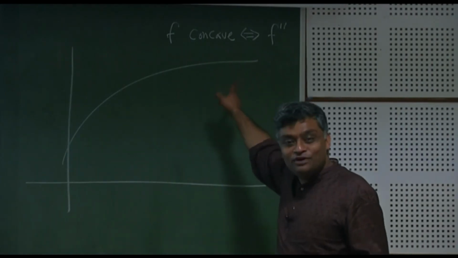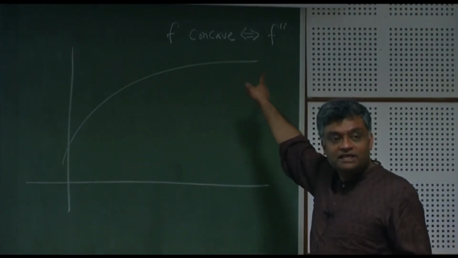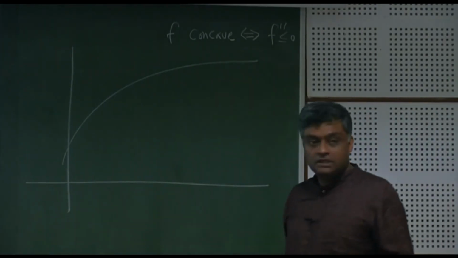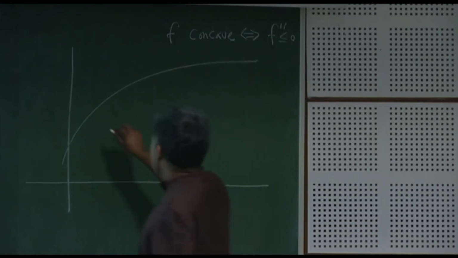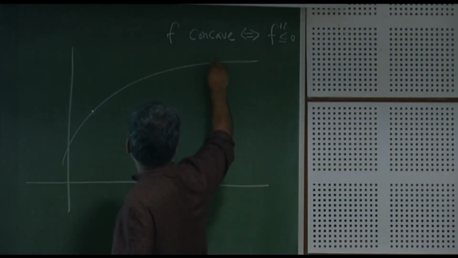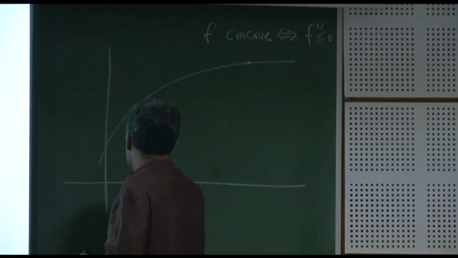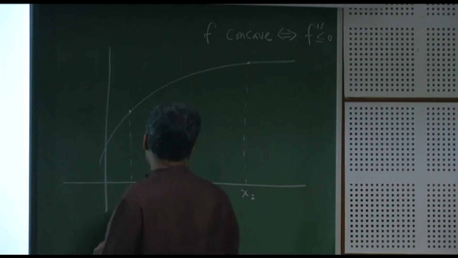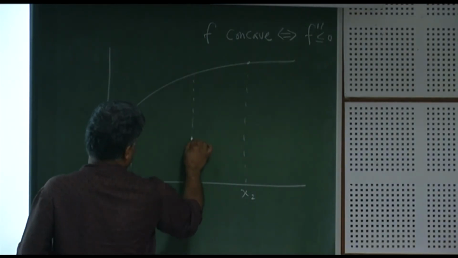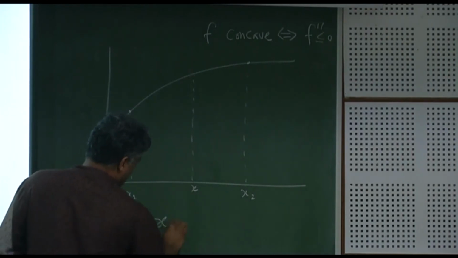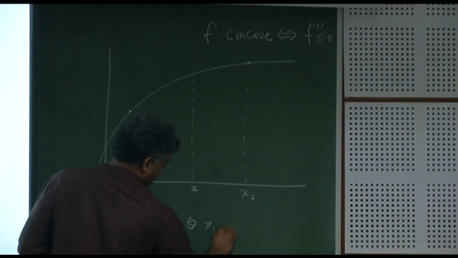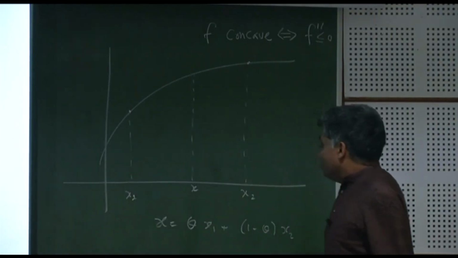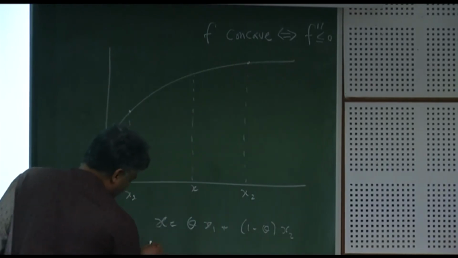So if I go down here for a one-dimensional function, what does it tell me about the second derivative? Less than or equal to 0. Right? Okay. It also has a property that if I take any 2 points, x1, x2, and I take a combination, let's say this is the point x, where x is written as some theta of x1 plus 1 minus theta of x2, what happens to the function value at the point f of x?